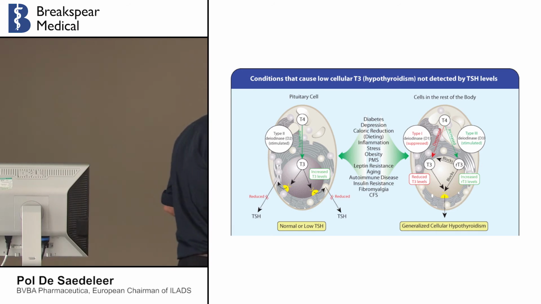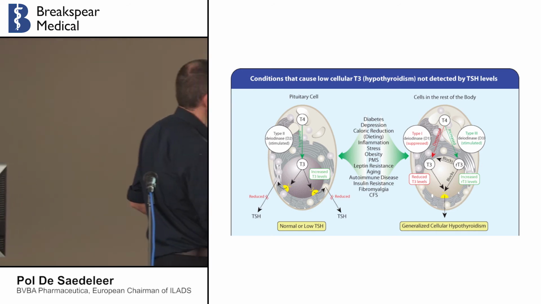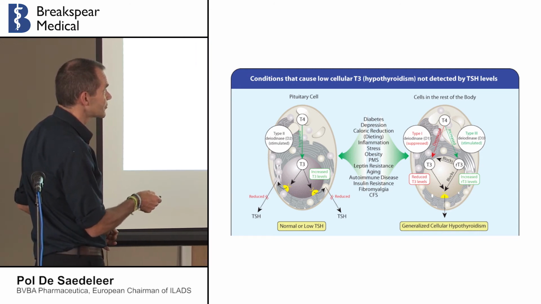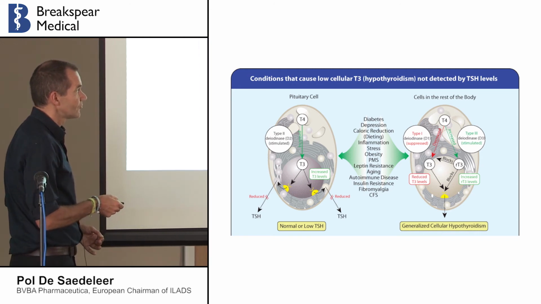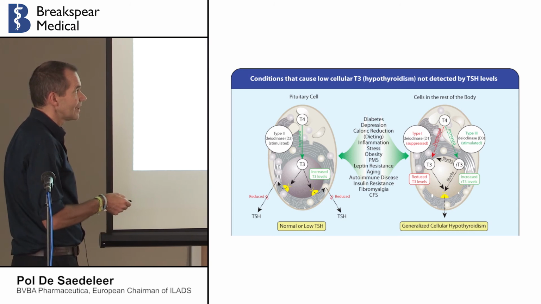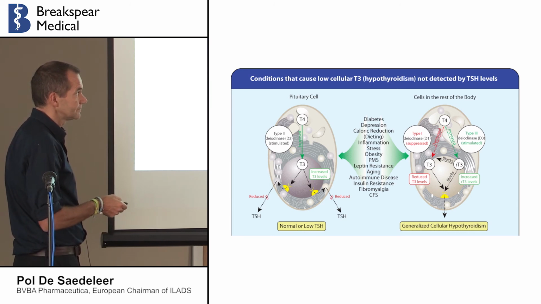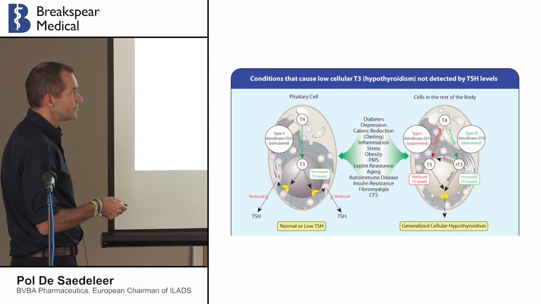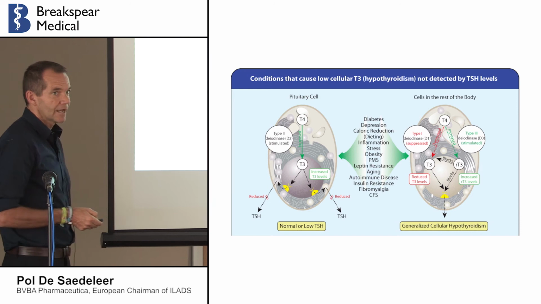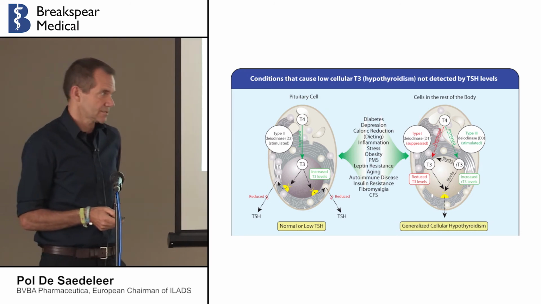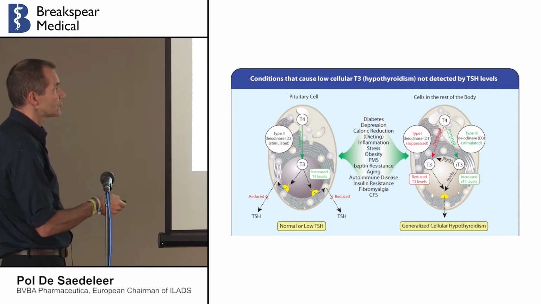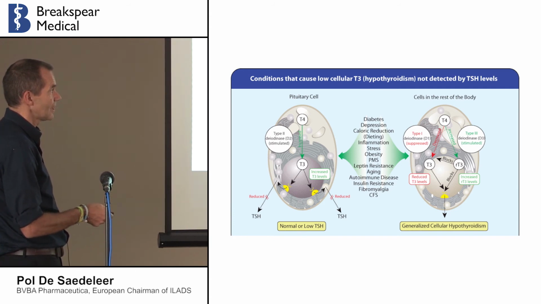On cellular level, this conversion T4, T3 is always decreased. So we have poor levels of T3. There is more production of reverse T3. And reverse T3 is the antagonist of T3. So this is the situation we have on cellular level.